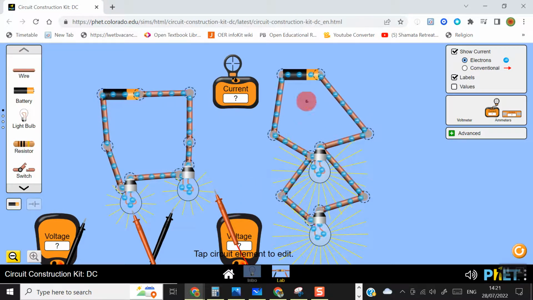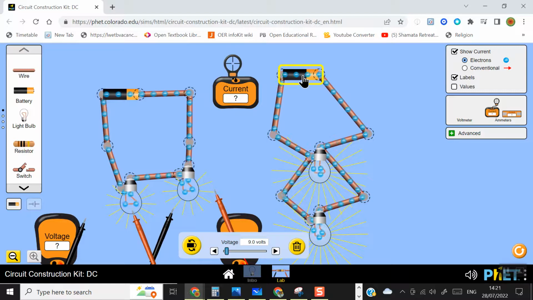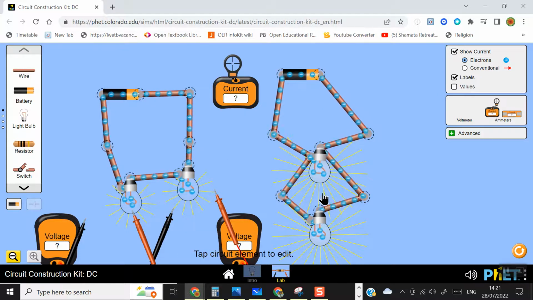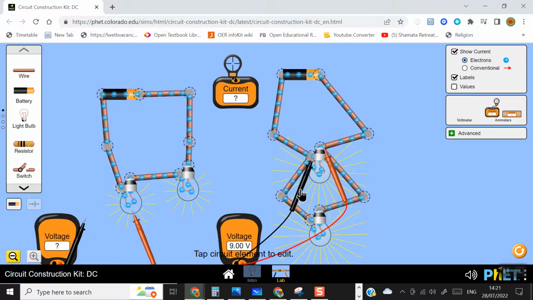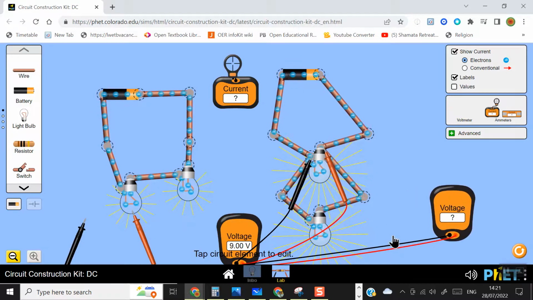So if we look at the voltage, it is 9 volts at the battery, and if we check the voltage of either of these lights, we will see that they are getting the full voltage from the battery. So there's going to be 9 volts across this light here, and we're also going to have 9 volts across this one here.